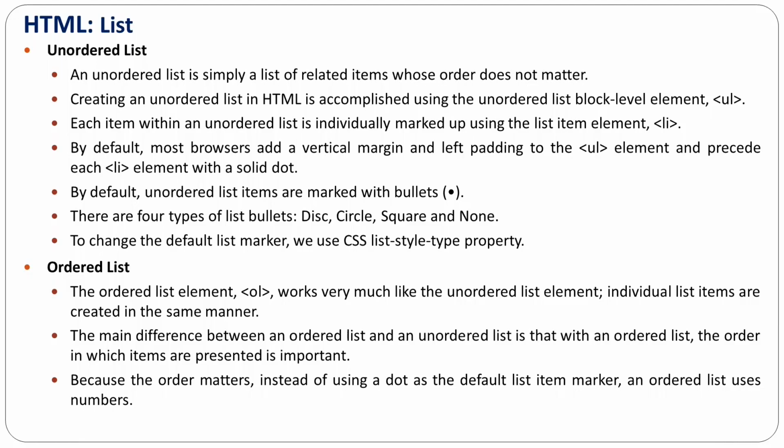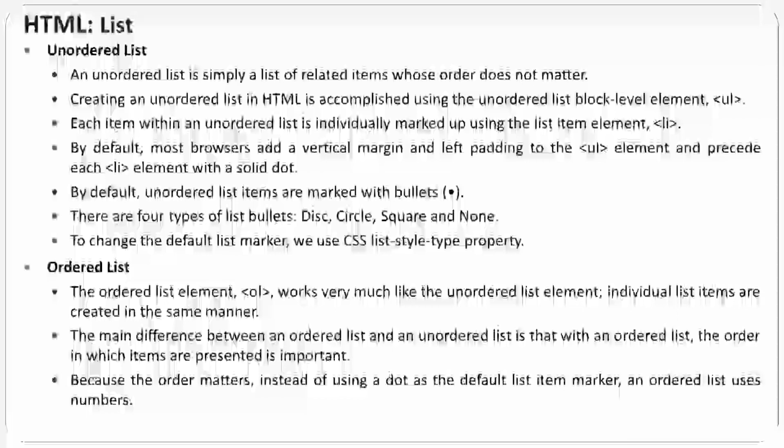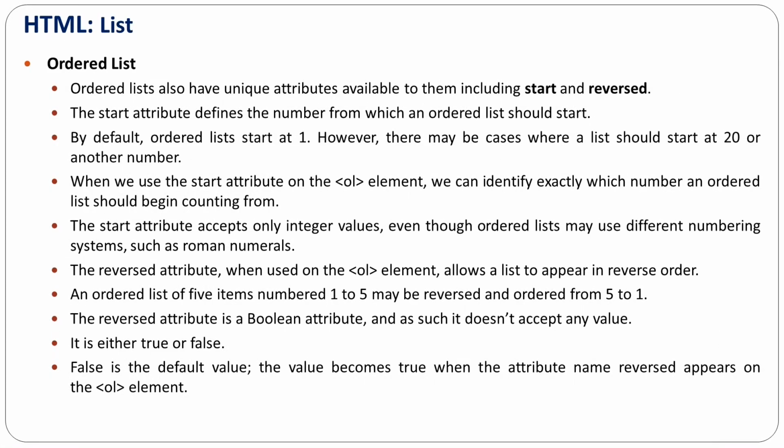The main difference between the unordered list and the ordered list is that with an ordered list, the order in which the items are presented is very important. Because the order matters, instead of using a dot as the default item marker, an ordered list uses numbers. So the number is used to specify the sequence of the items displayed in a web page.